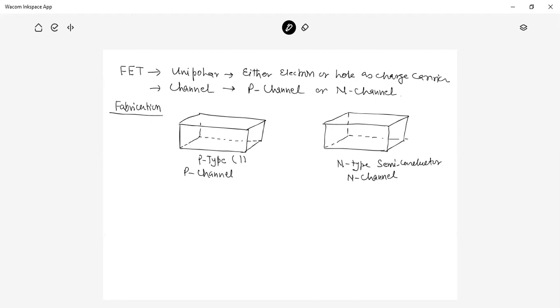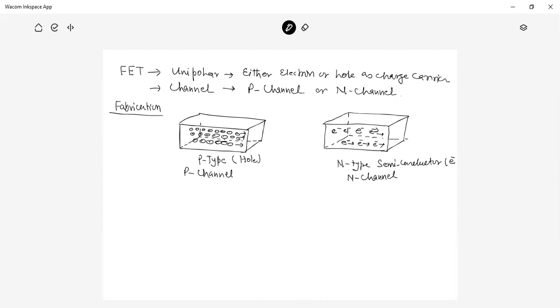In P type, the charge carrier is hole, and in N type, the charge carrier is electron. So holes are moving from one end to the other end. Here the electrons are moving.